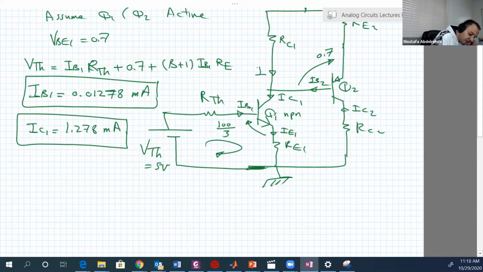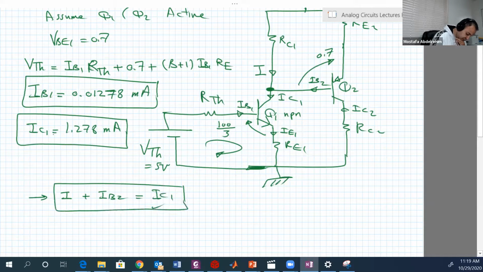Call this current I. At that node, I plus IB2 equals IC1. IC1 is known, by the way. So this is an equation in two unknowns, I and IB2.